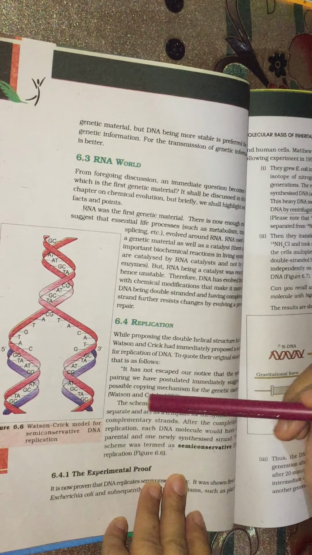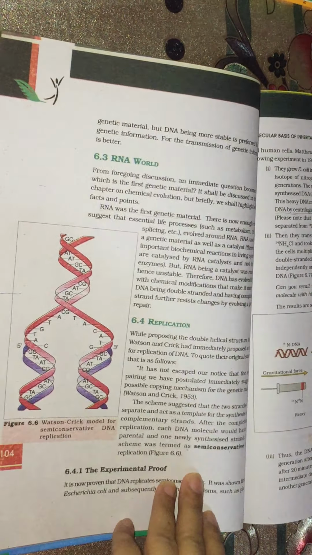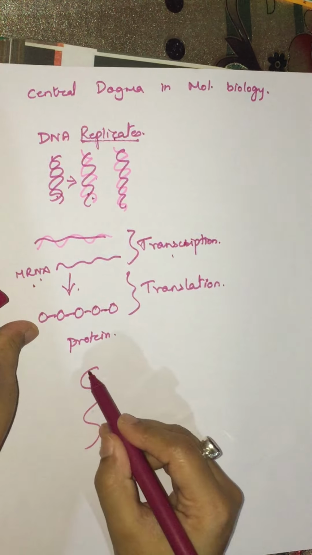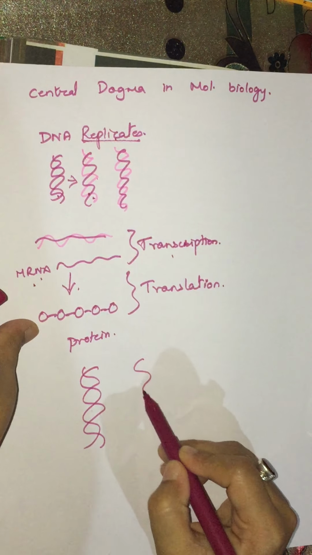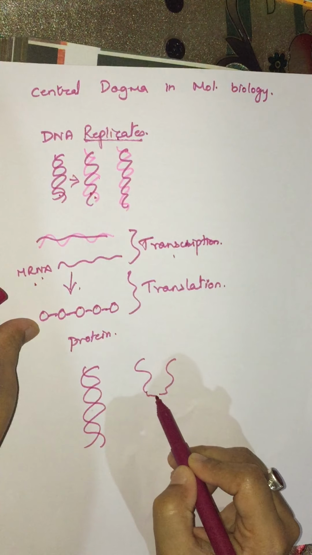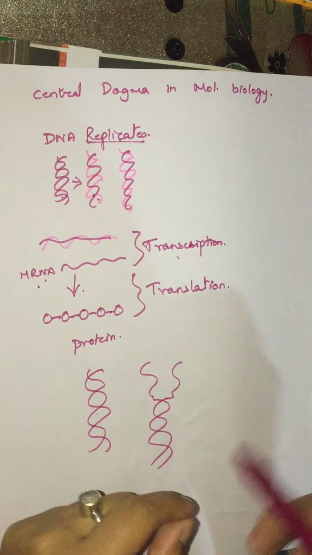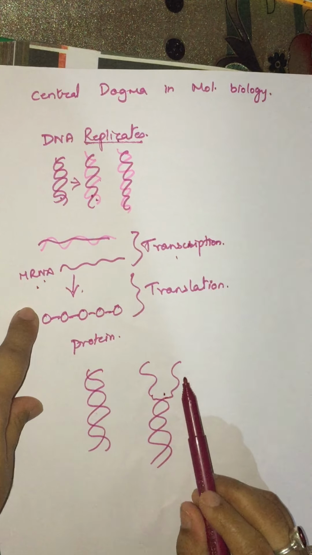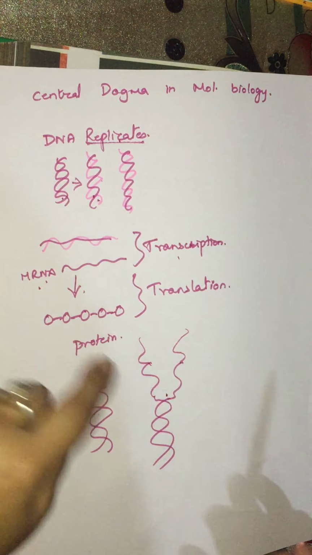The scheme suggested that the two strands would separate, one strand and another strand. This would separate like this, because we cannot unwind a helical structure at a single time.